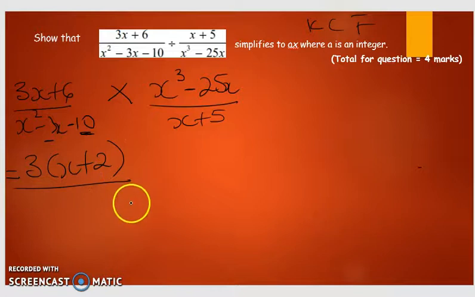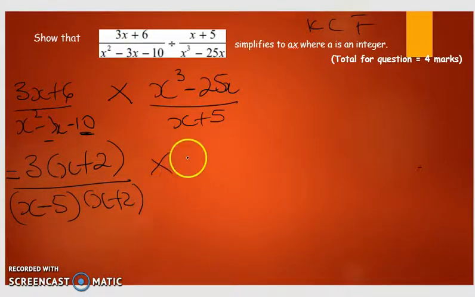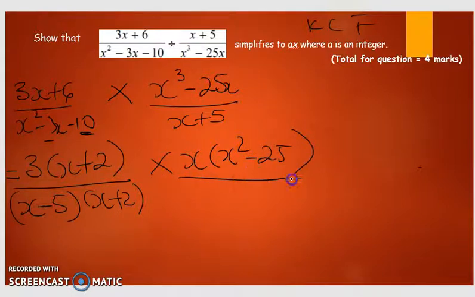So 5 and 2 come to mind. So we have x minus 5 because we need a negative 3, and then x plus 2. Okay, this will be multiplying. If we factorize the numerator there, okay, divided by x plus 5.